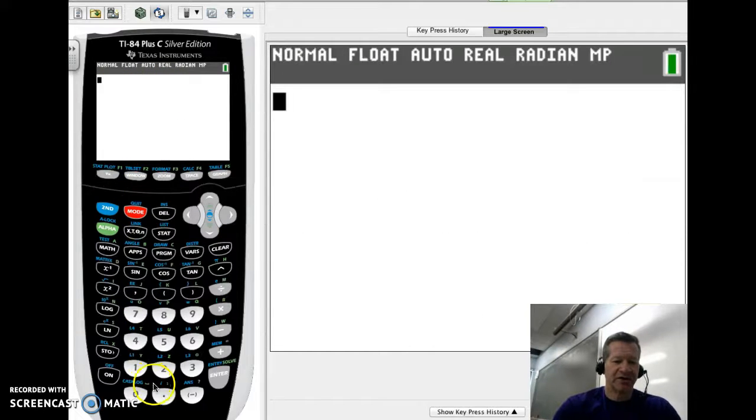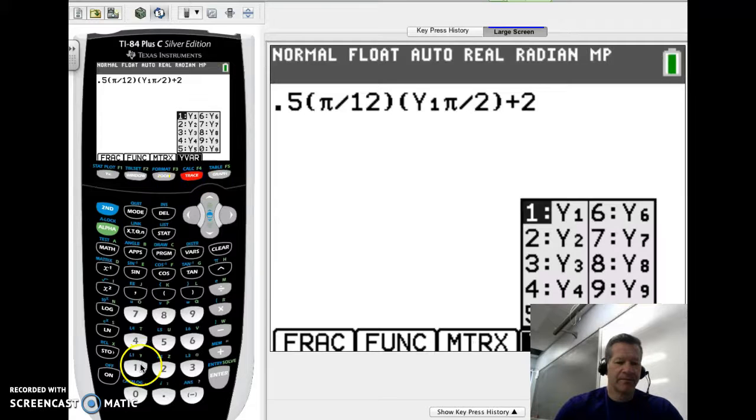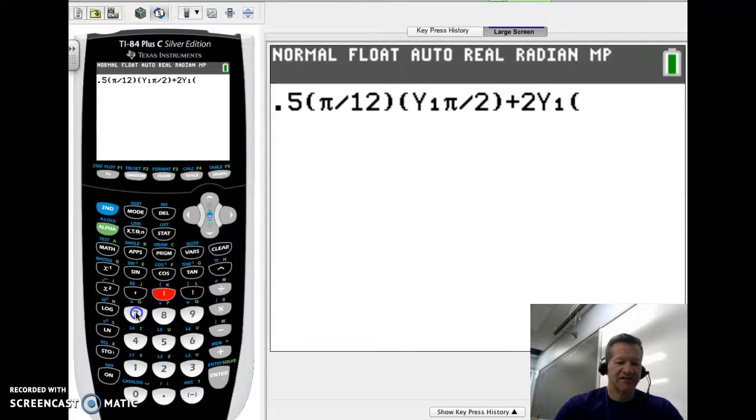So I'm simply going to go 1/2 times the height, which was pi over 12, times y1 of pi over 2, plus 2 times y1 of 7 pi over 12.